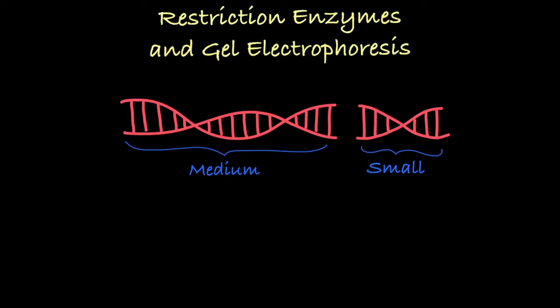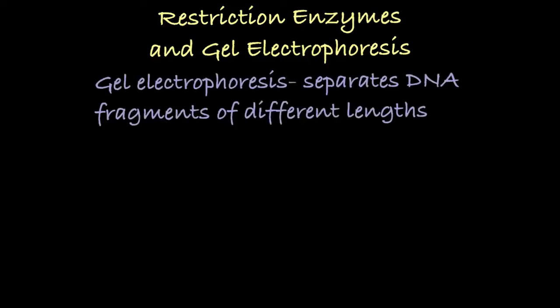Now I want to be able to isolate this fragment to use later in my lab. Right now, I just have a sample containing some medium-sized pieces mixed in with some smaller-sized pieces of DNA. I can use gel electrophoresis to separate all of these medium-sized molecules from all of these small molecules.